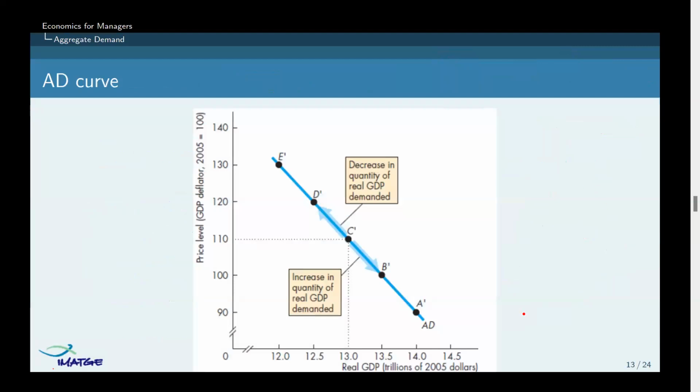So this is the aggregate demand curve, and it is downward sloping, which indicates that as the price level falls in the economy, right, as the price level falls from there to there, aggregate demand in the economy increases from, for example, 12 trillion US dollars to 12.5 trillion US dollars. Why is it like that?